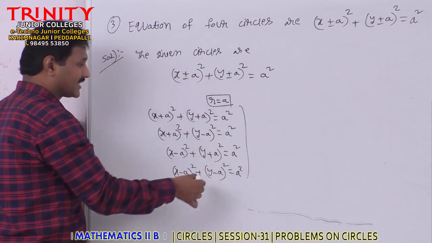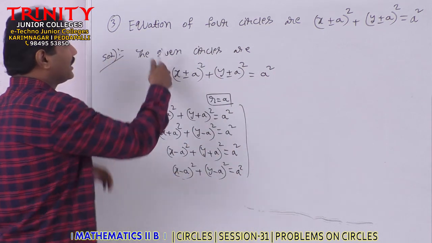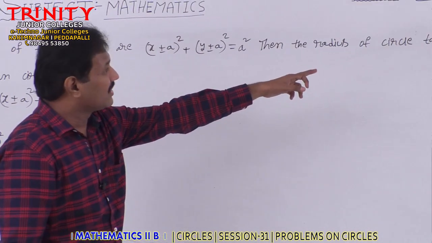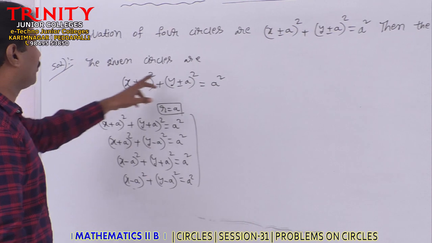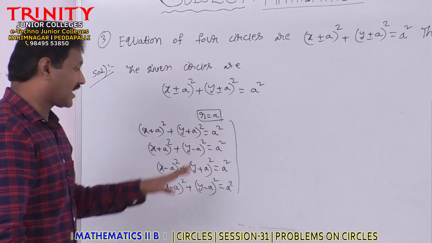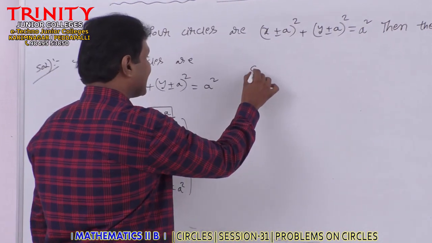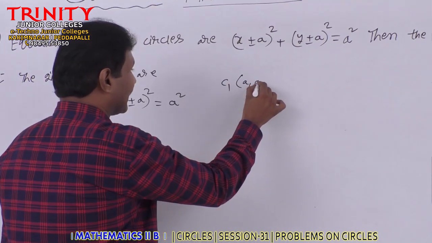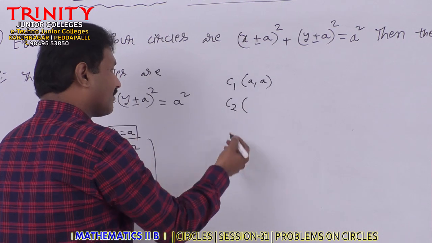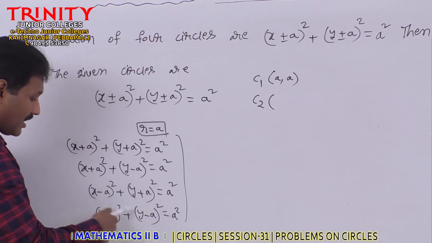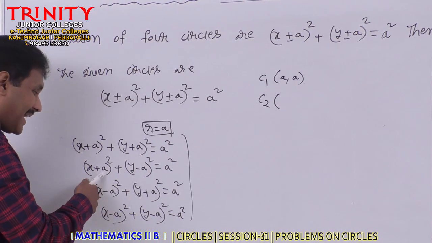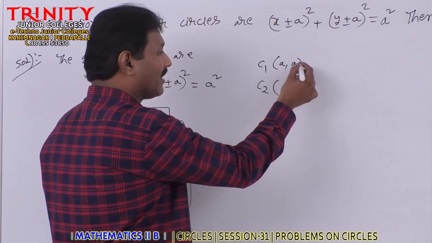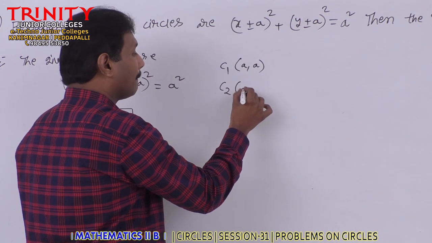The circles are like this. These are the 4 circles. Find the radius of the circle touching all these 4 circles. Here C1, the center of the first circle, we take as (a, a). The center of the second is (minus a, a), C3 is (minus a, minus a), and C4 is (a, minus a).